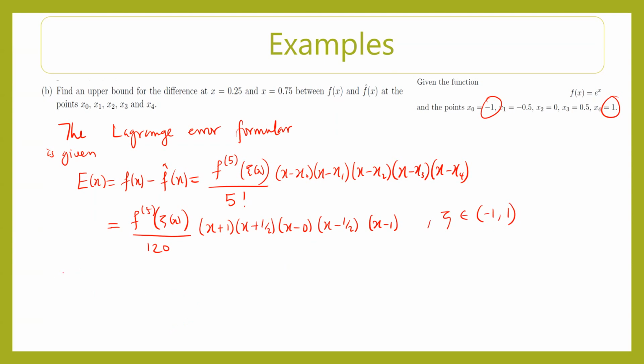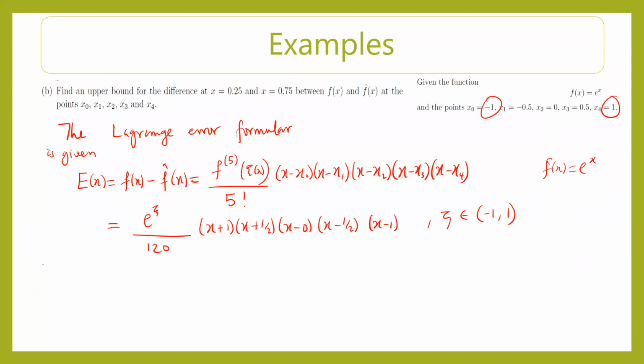All right, so we want to find an upper bound, which means we need to take out all the values. So first, let's look at this function, which is an exponential function, e to the x. So if we differentiate it 5 times, we still get e to the x. So this is just e to the zeta.